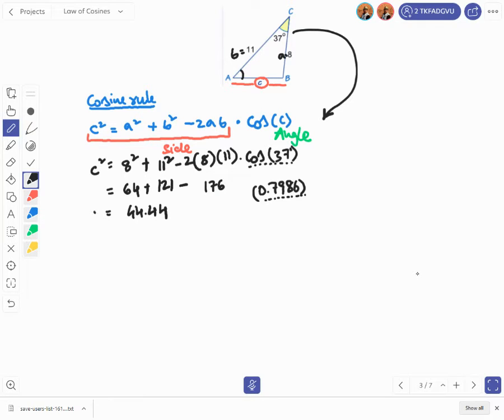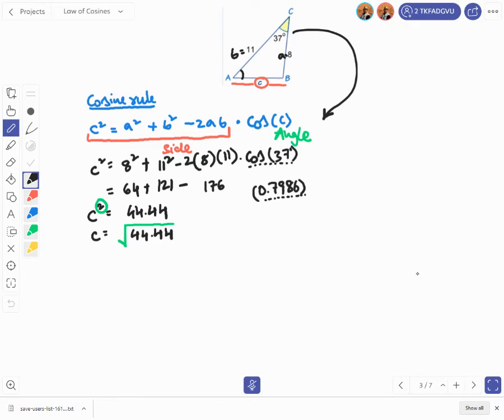Don't forget, this is the value of C square, and in order to eliminate the square, we have to take the square root on the other side. Therefore, the value of C equals the square root of 44.44.